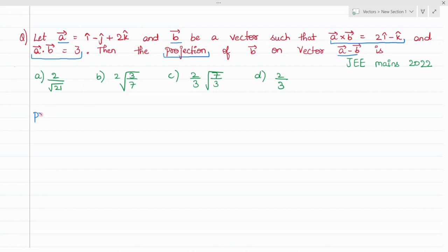To find the projection of B vector on A minus B, assume this as V vector, okay?